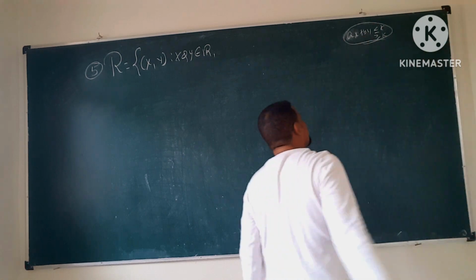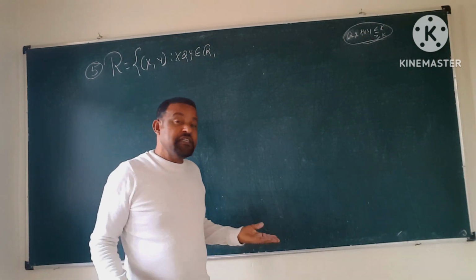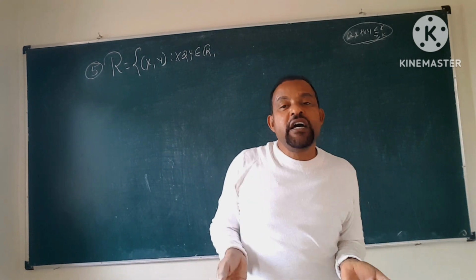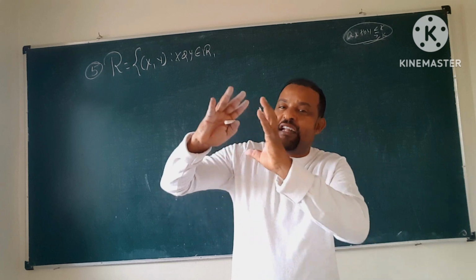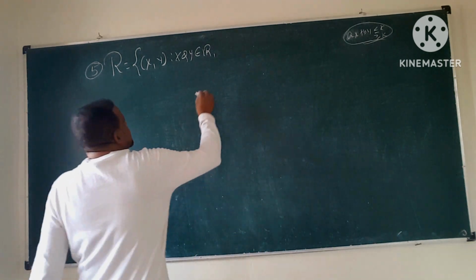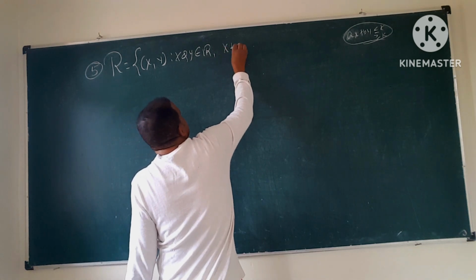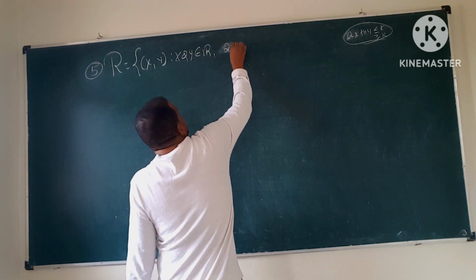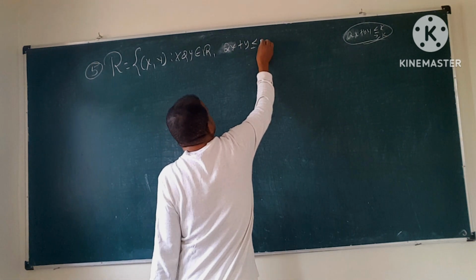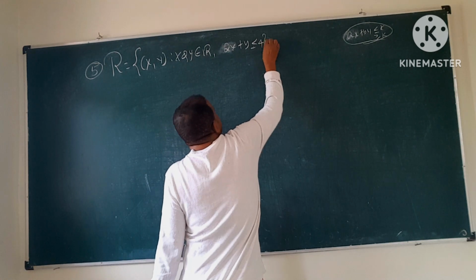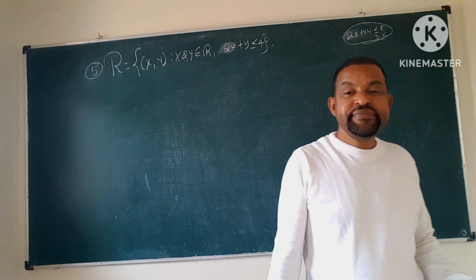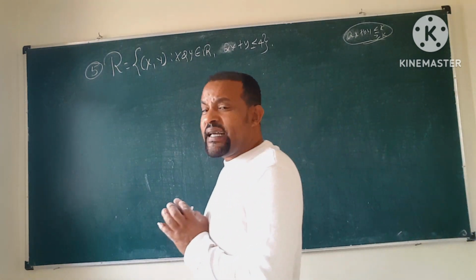For example, 2x plus y is less than or equal to 4, and x plus y less than or equal to 4.